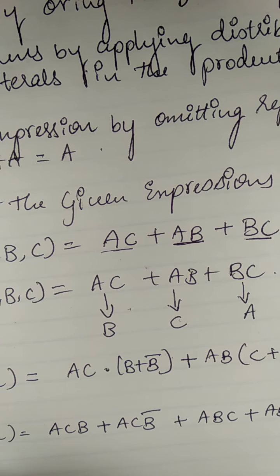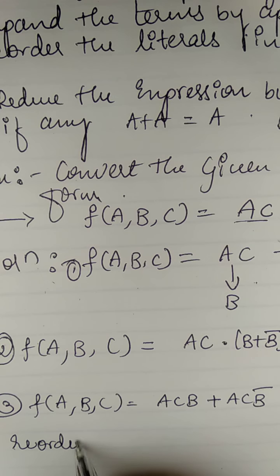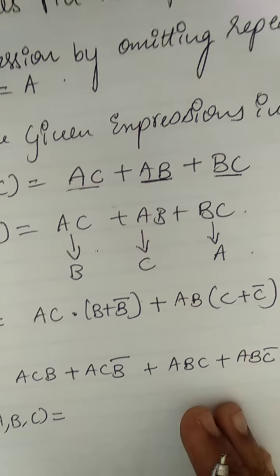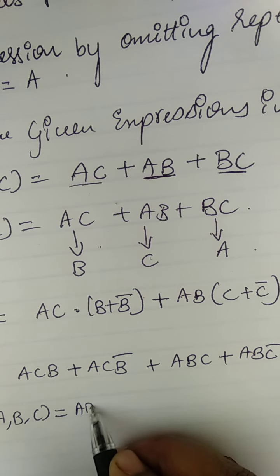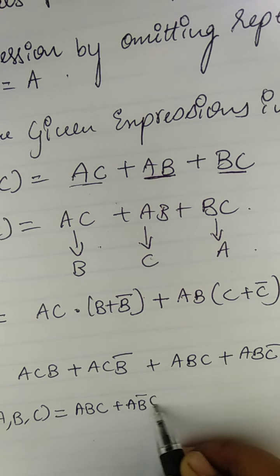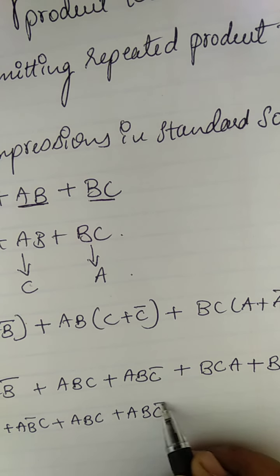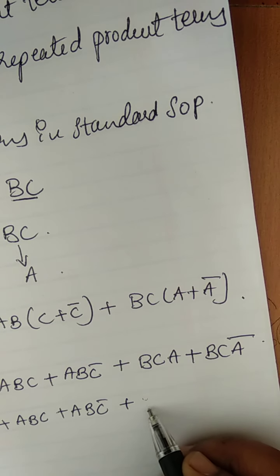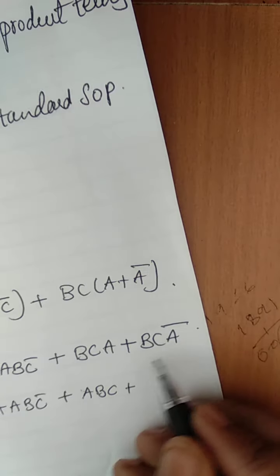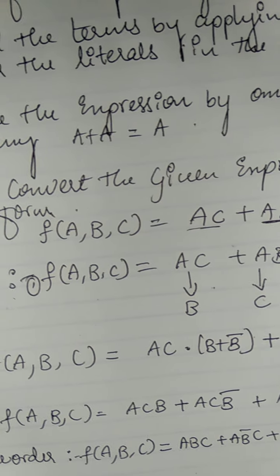So F of A, B, C is equal to, instead of writing ACB, we write ABC, reordering the terms: AB bar C plus ABC plus ABC bar plus, instead of writing BCA, ABC, plus BCA bar, that is A bar BC. So this is the third step.